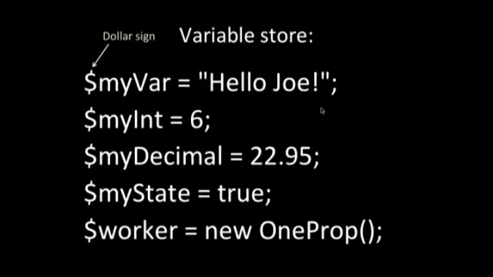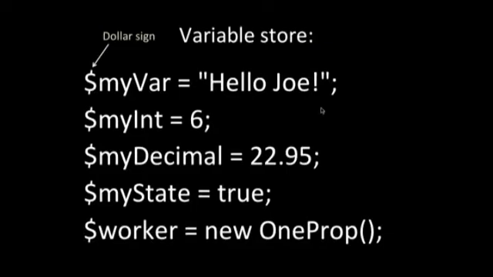For Booleans, here you have a Boolean variable named myState, and you assign it the value of true. Now, very important here, you can either assign it a value of true or false. Do not put quotation marks around Boolean values because then PHP thinks they're strings. Just in this particular case, you have words, but you don't want to have quotation marks around them.